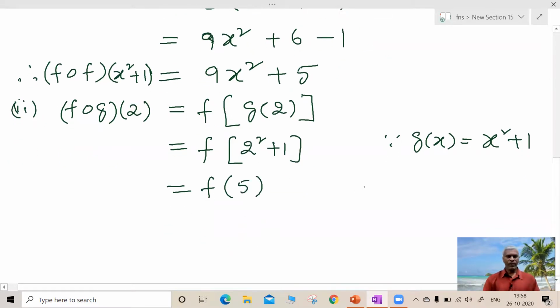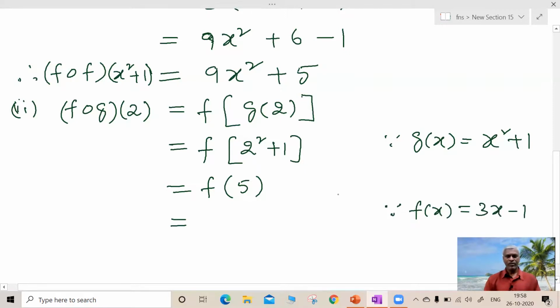What is f of 5? In place of x write 5 in f function. F of x is 3x minus 1.